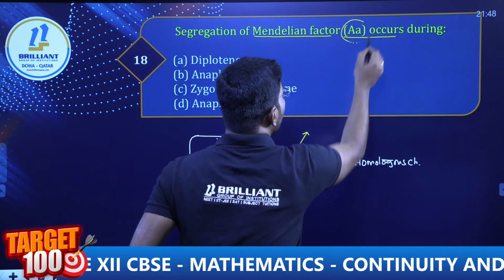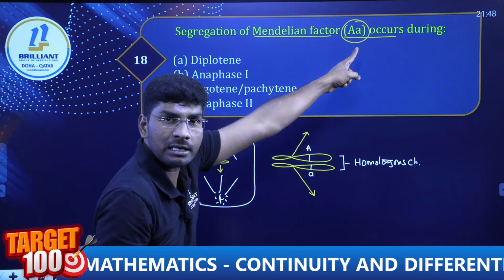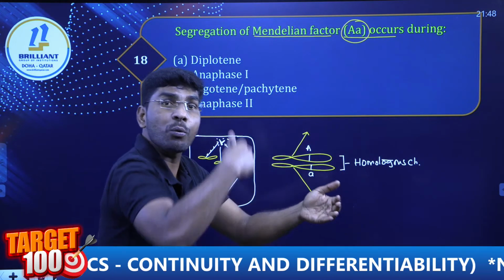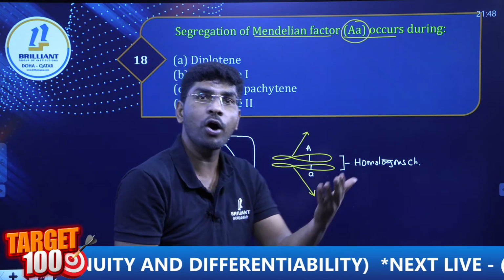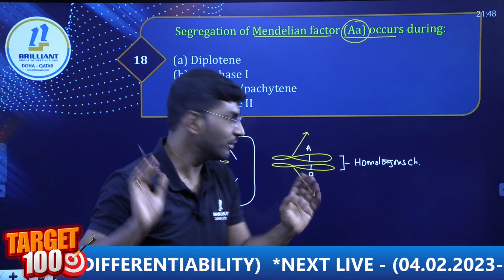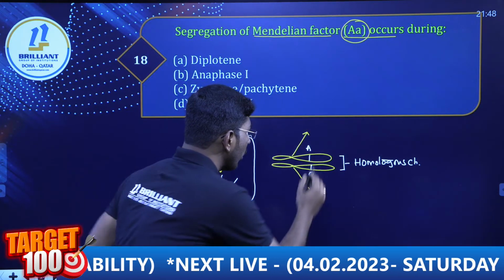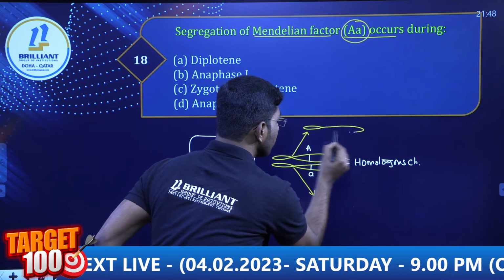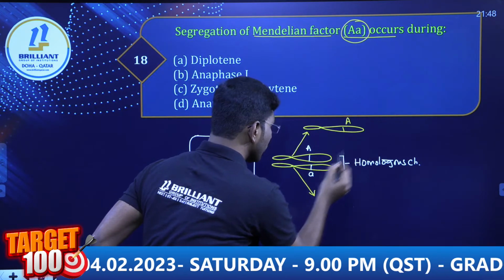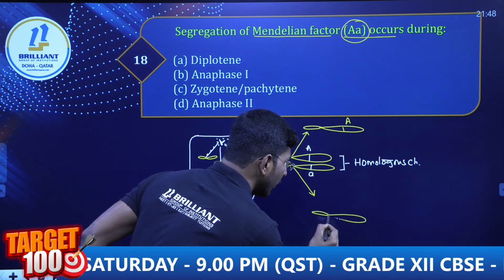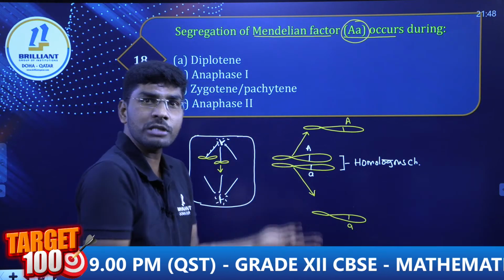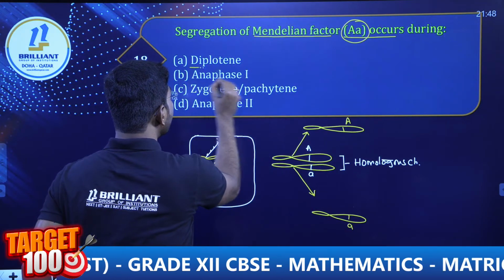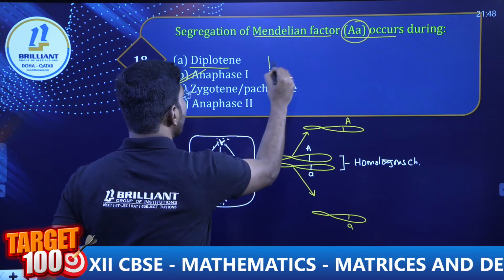Now, these Mendelian factors, these alleles, are located on homologous chromosomes. So when homologous chromosomes are segregated, automatically the gene also will go, right? When this chromosome is going here, A also will go, the A gene also will go. This complete chromosome is going, small a also will go. So alleles also separate. So write down here, anaphase 1.